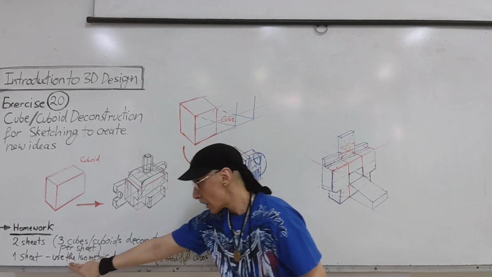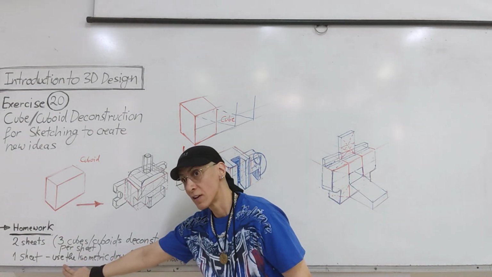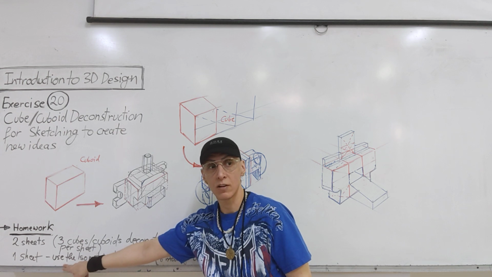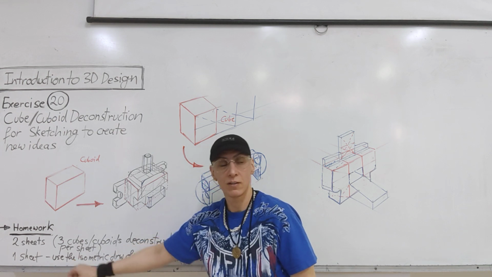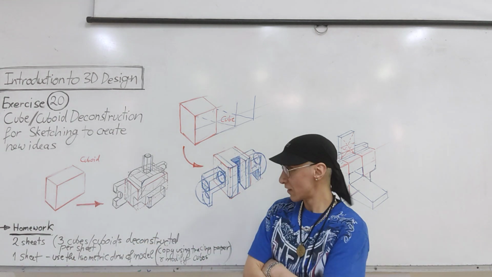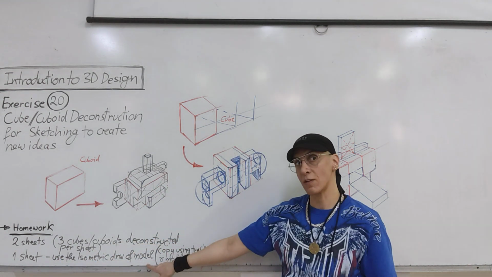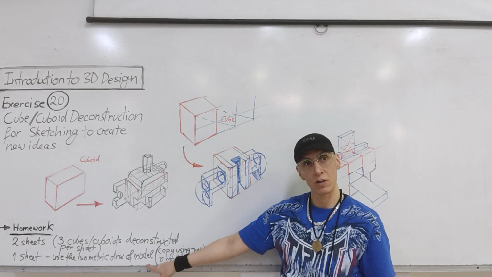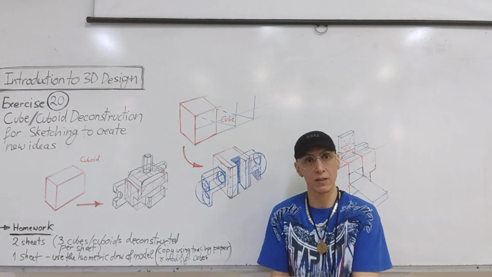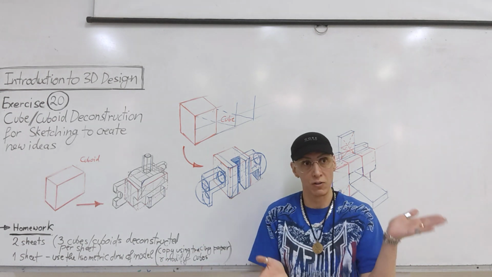Okay? Another sheet. Here, listen carefully. 1 sheet. You will use the isometric drawing of your model. Remember, you have the model and you made an isometric drawing, 30-30 degree.